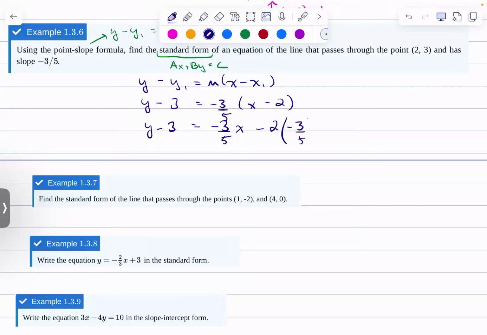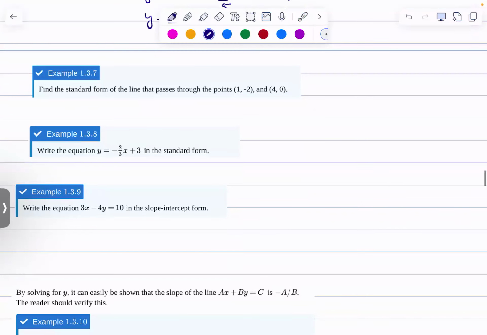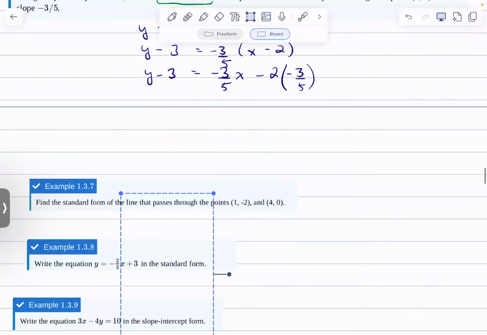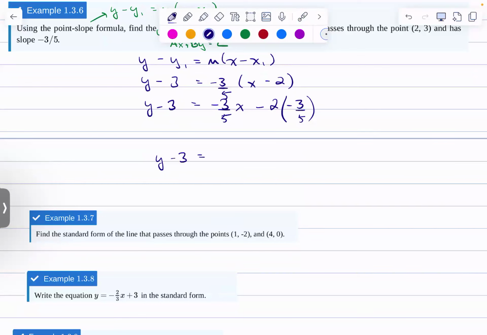times -3/5. Usually I multiply kind of on the left, but then if I have subtraction, I want to make sure that I keep that -2 and I don't want to lose it in the shuffle. And so that's why I'm writing the -2 and then times -3/5. A negative times a negative makes a positive, or addition. So if I simplify this, I get y minus 3.